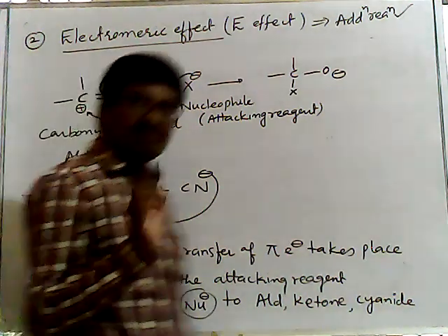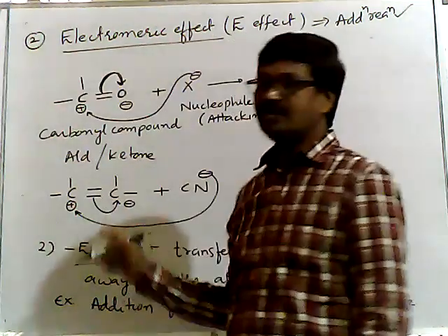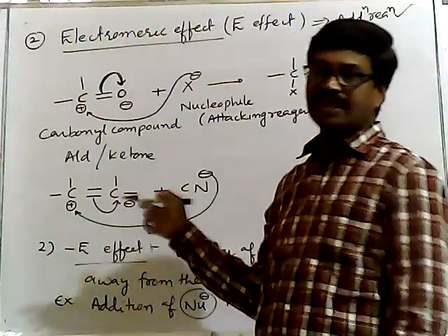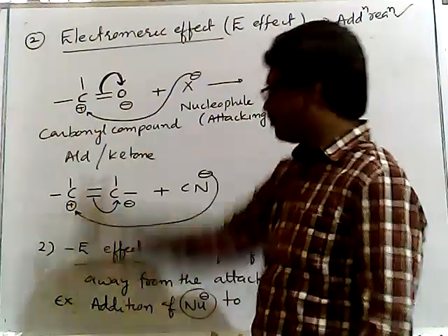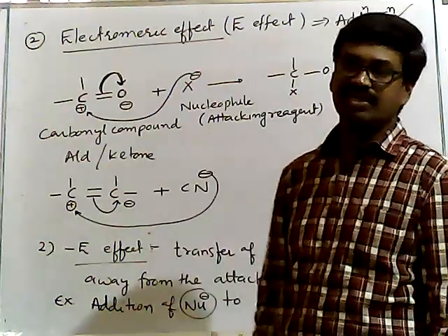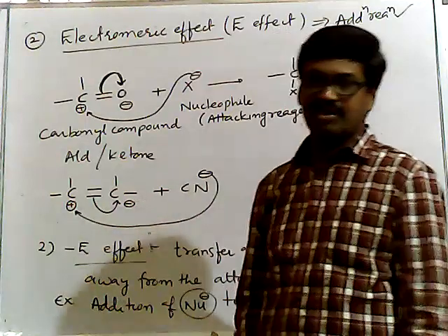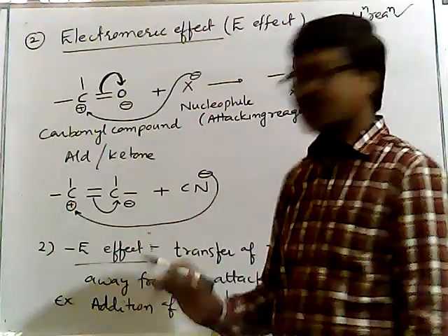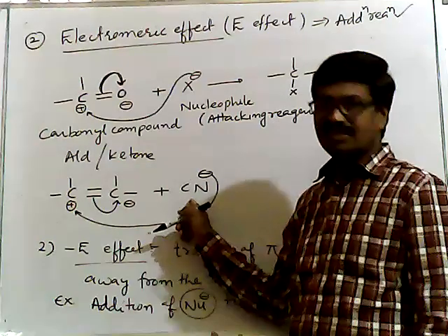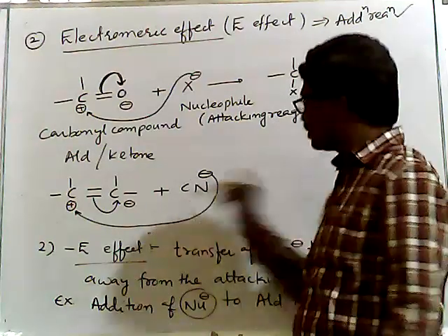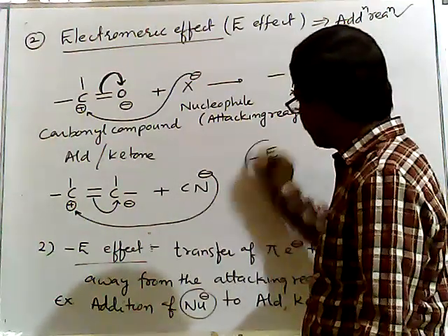If the pi electron pair is moving away from the attacking reagent, we can say it is minus E effect. Even though this is not the characteristic property of an alkene, if they mention this representation in the question, then we can say it is minus E effect. This is an example for minus E effect.